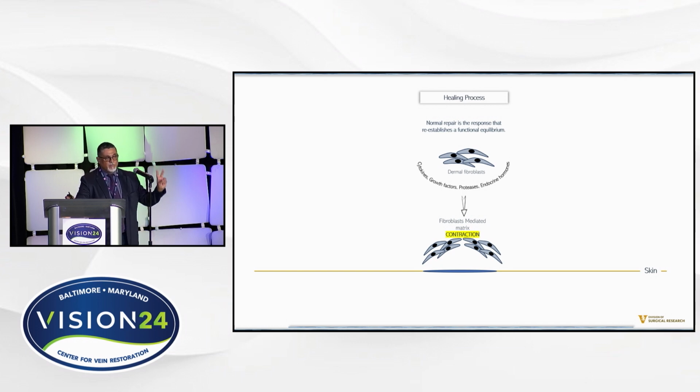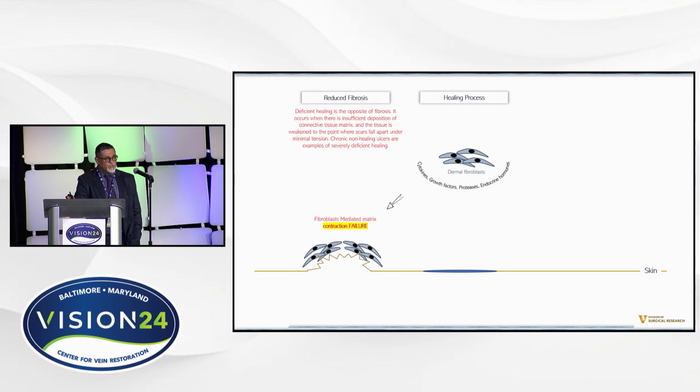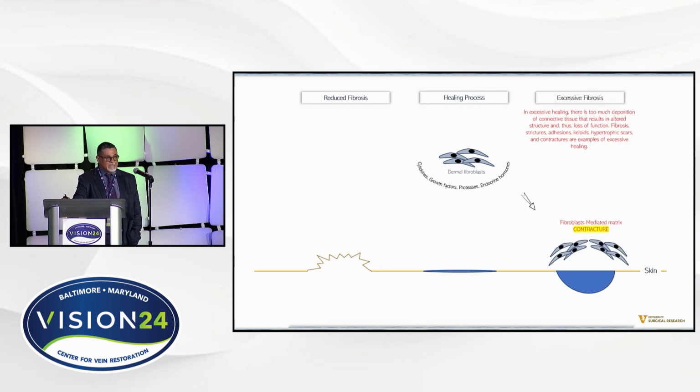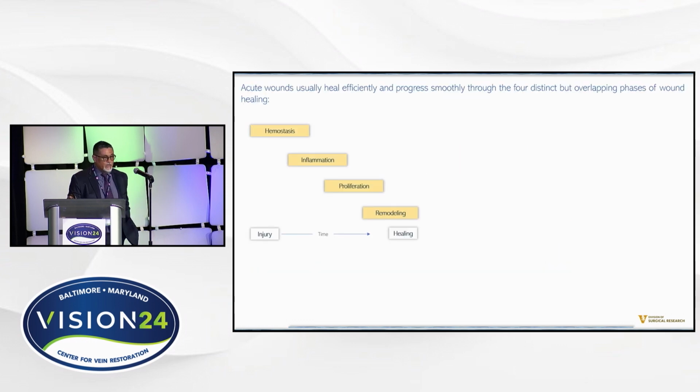There are two types of abnormal healing processes. Reduced fibrosis would lead to fibroblast-mediated matrix contraction failure, so the tissue fails in this contractile situation. But also, excessive fibrosis would lead to hypertrophic scars or keloids, in which the fibroblast-mediated matrix production is called contracture, not contraction, so it is increased.